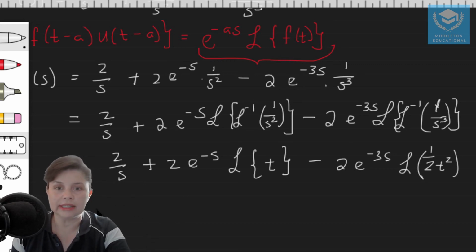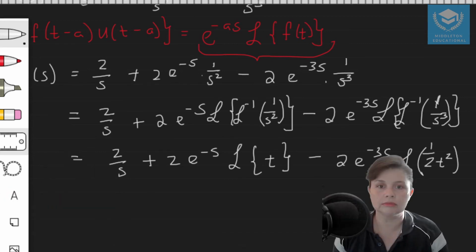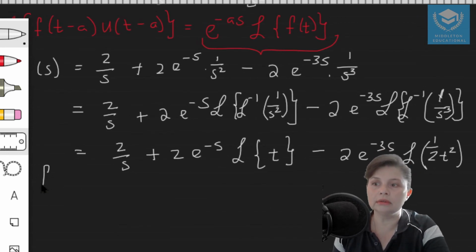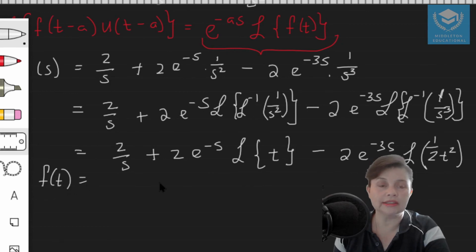So that means that we have f(t), because now we can take our inverse. 2 over s, the inverse transform of 2 over s is equal to 2, plus 2 times u, we know that the shift is going to be 1 because of the shift in your power.